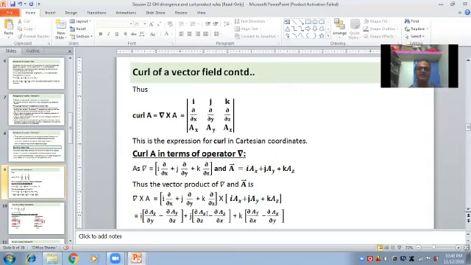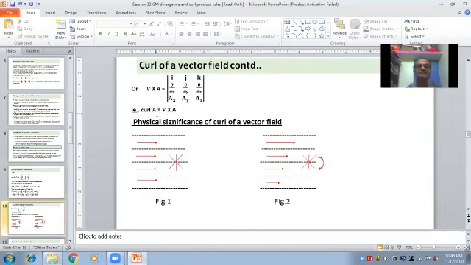So in this way we are solving the determinant. These terms represent a determinant, and hence because of this reason the curl of a vector is represented in the form of a determinant. So therefore the curl is a determinant.